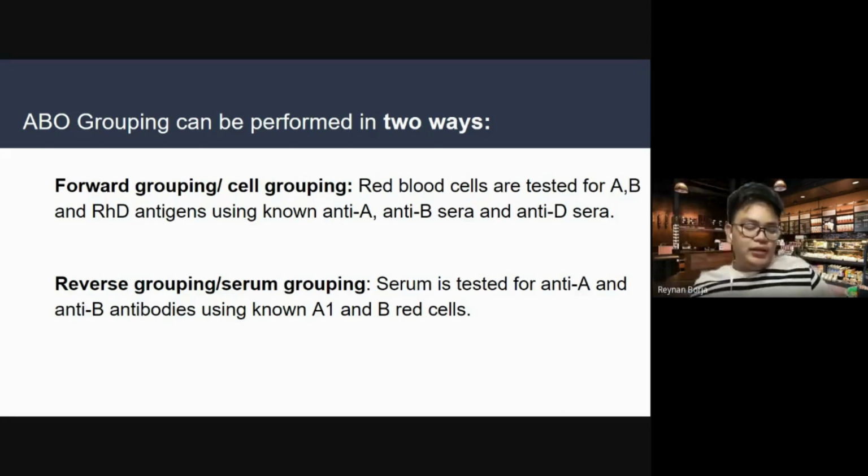So tandaan, almost lahat ng subgroup A nagre-react kanino? Sa anti-A. Sa reverse naman, never mind. So, tandaan, noon A1 yung ginagamit natin kasi yun yung mas madami sa population ng mga tao.